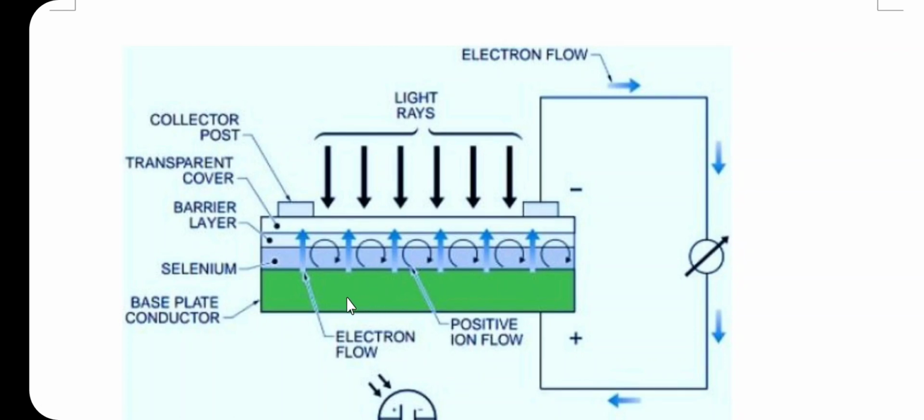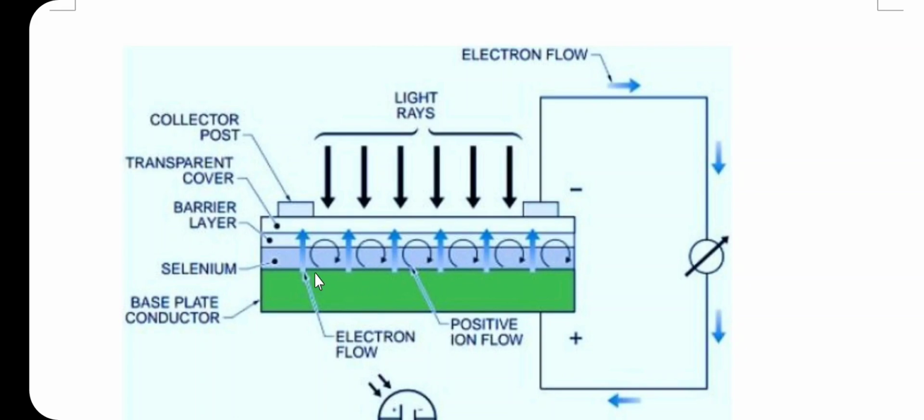Then a thin layer of semiconductor material like selenium is deposited on the surface of the metal base plate. So, the selenium is deposited on the metal base plate of iron or copper.